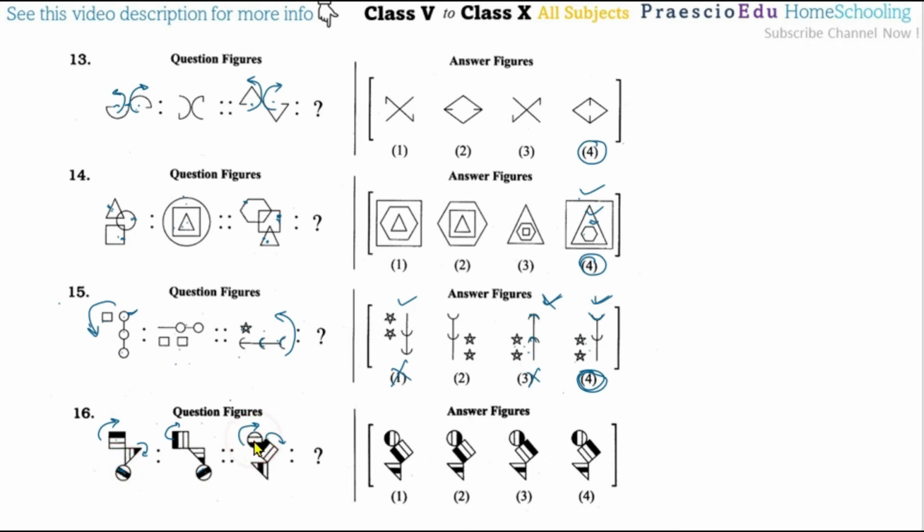So considering this, these circles with 90-degree rotation, this and this is a rotation from here to here, in this direction, so as per this, this is also in these directions, so these solid circles will be here, like this one. Okay, matching option number 3, so that's why option number 4 is a different one, so option number 3 is the correct one as per the rotation of this top figure and top figure of this circle.